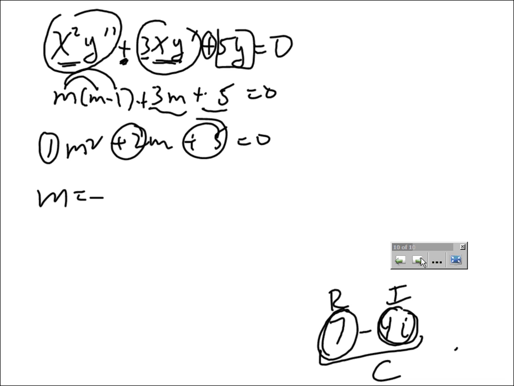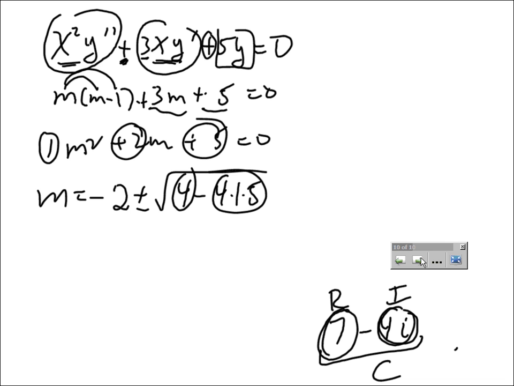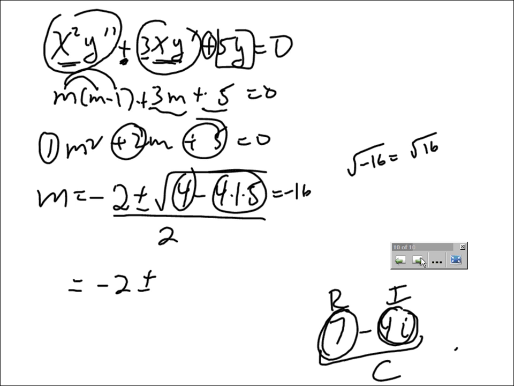So m is negative b plus or minus the square root of b squared, which is 4, minus 4 times A times C. This is 4, and that's 20. 4 minus 20 is negative 16. And this is all over 2 times 1. I won't bother multiplying by 1. So I get negative 2 plus or minus the square root of negative 16. Well, negative 16 is 16 times negative 1.